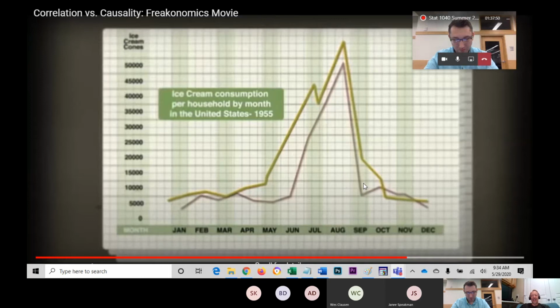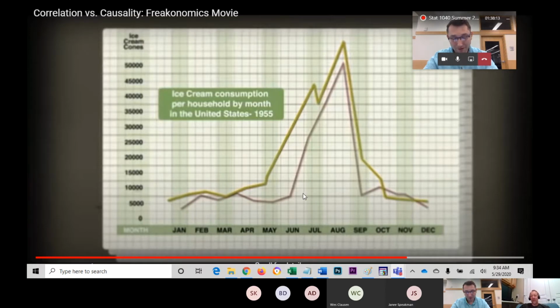It is funny because ice cream sales is kind of a proxy for polio infections. You could actually use ice cream sales to predict how many polio infections you would have.